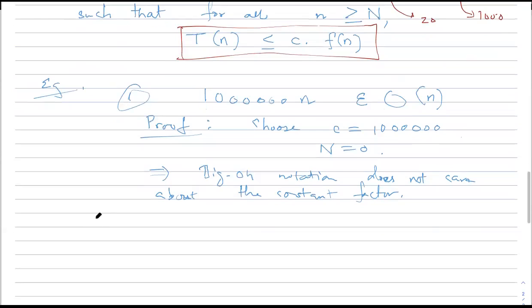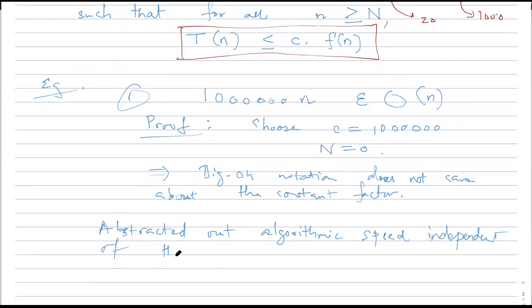So basically what we have done is that with this, we have abstracted out algorithmic speed independent of the underlying architecture.